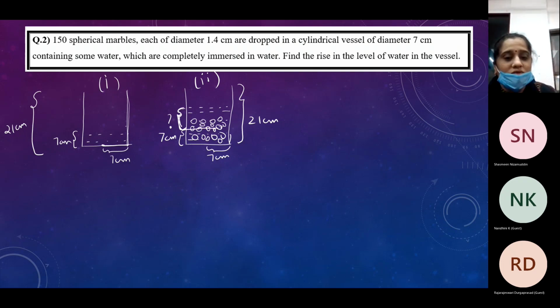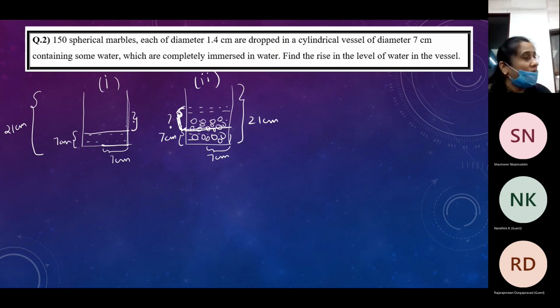It was already till here. Now this increase in height is because of the marbles. So the volume of all the marbles is equal to this volume of water. See, the water level was only here. Now, why did it increase?